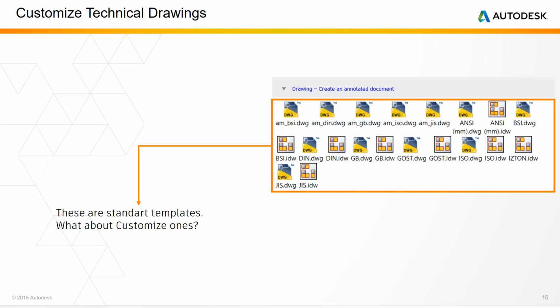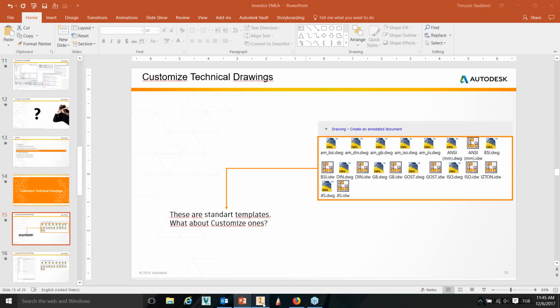But what if we would like to see a custom one for our company? How can we do that? That is important, because we need to create a custom template to use every time to create our drawings for our business. That is important and so easy to manage in Inventor.